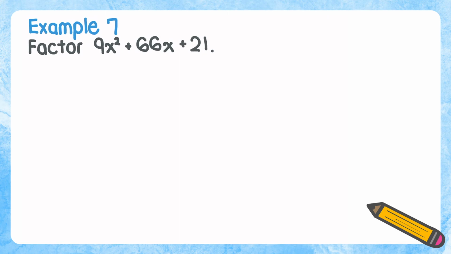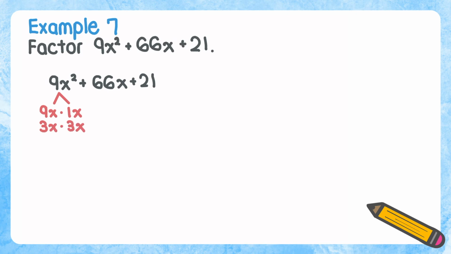So we're going to factor 9x squared plus 66x plus 21 here. So notice right here, the 9x squared breaks down into 9x times x, so 9x times 1x, but also 3x times 3x.